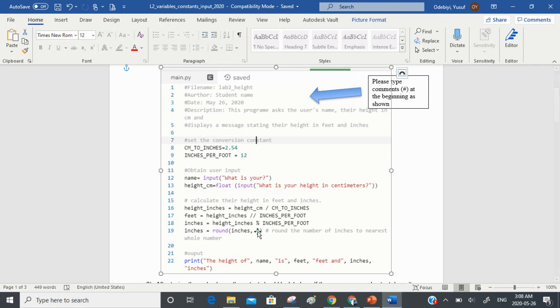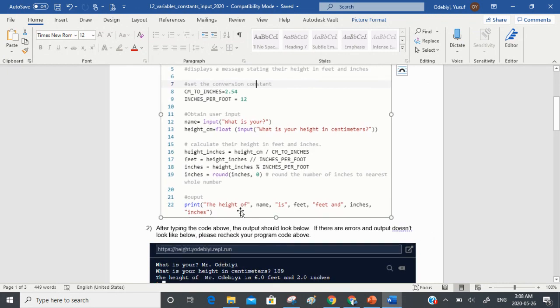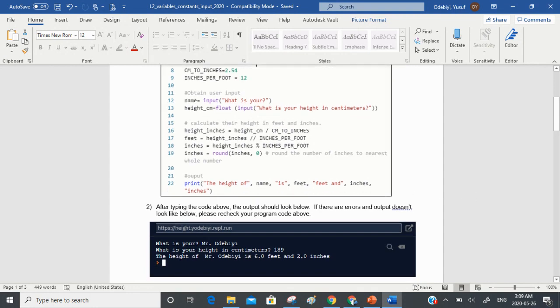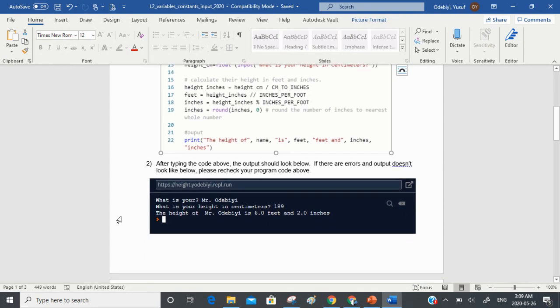I'm not using any decimals. So that's what that's going to do for you. And then a comment, and then for my output, basically I use the print command, bracket, and you type all this in. And when you type all that in, it should come out like this.